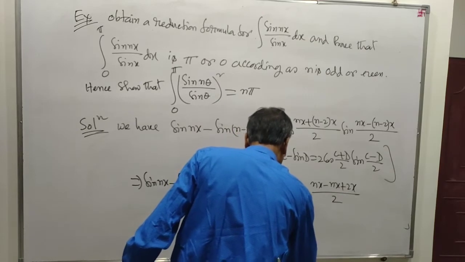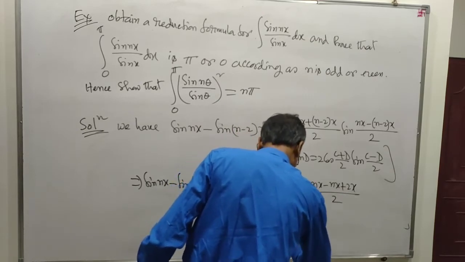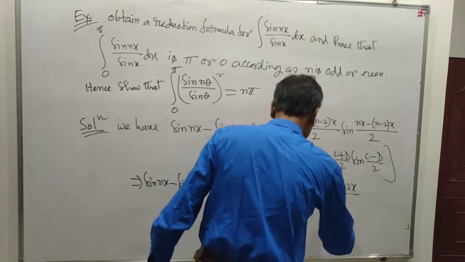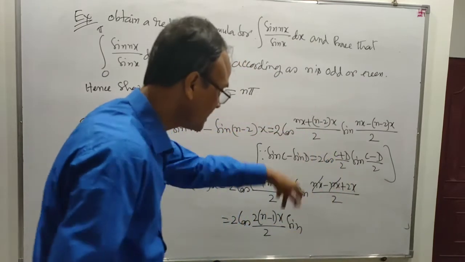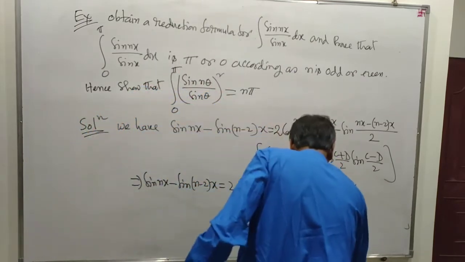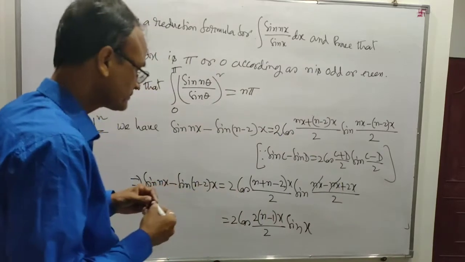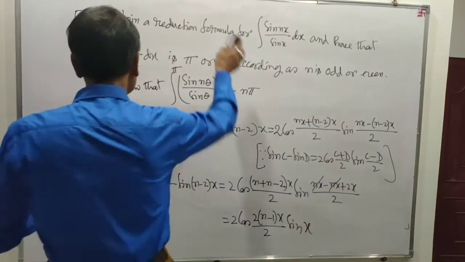So cos of (n minus 1)x divided by 2 into sin. This nx will be cancelled, and 2x divided by 2 will be sin x.